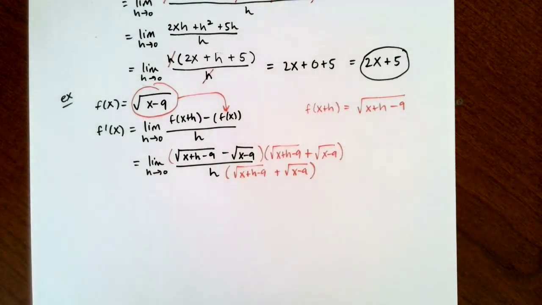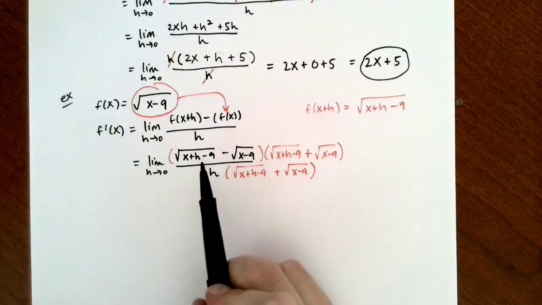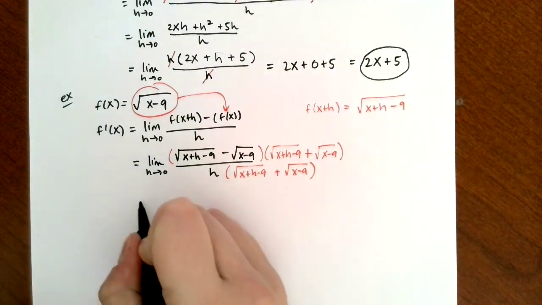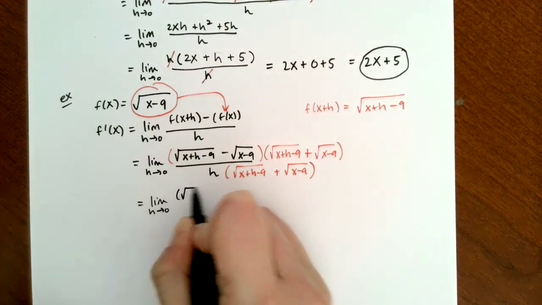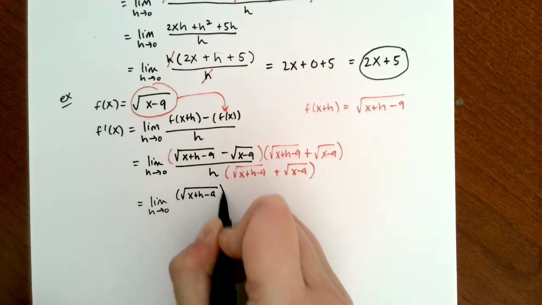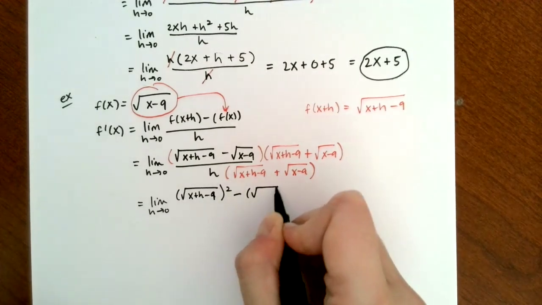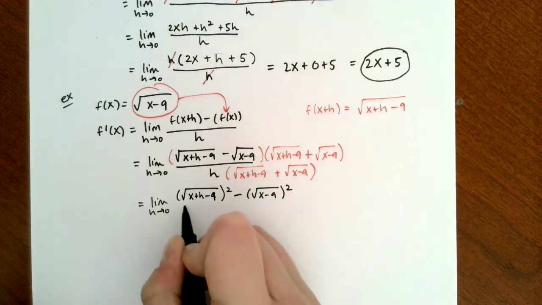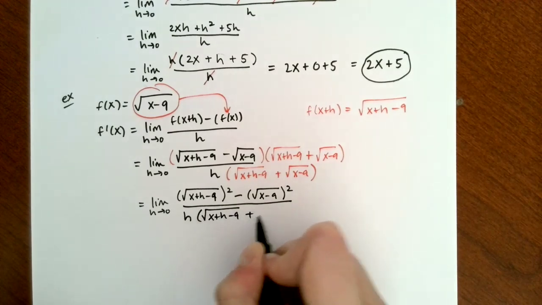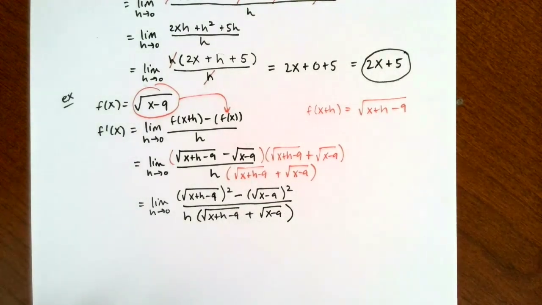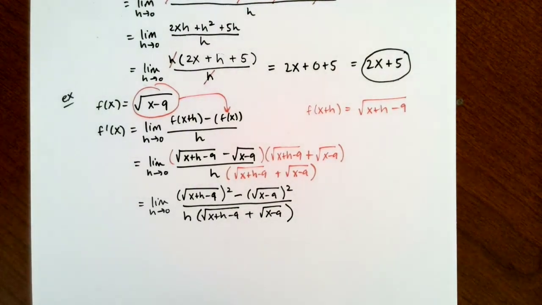The denominator is going to stay the thing that I have created, but up top, we know that we have a minus b times a plus b. So that will simplify to a squared minus b squared. You don't have to do this as a separate step, but I like to just so I don't lose anything along the way.